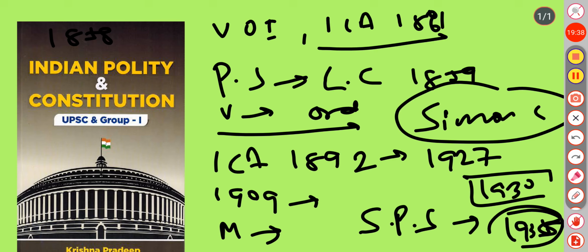So the governor general had independent powers of legislation, concurrently with those of the legislature, without the governor general's previous sanction. So a threefold division in the Act of 1935: there was a federal list over which the federal legislature had exclusive power of legislation.